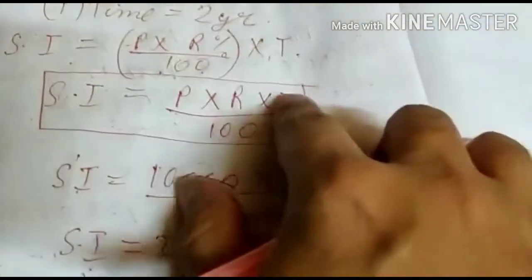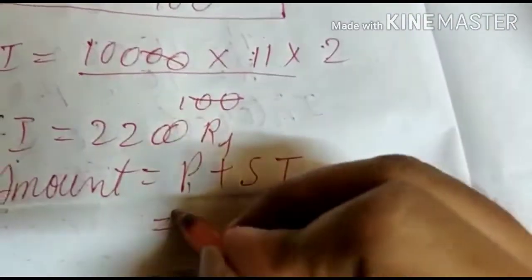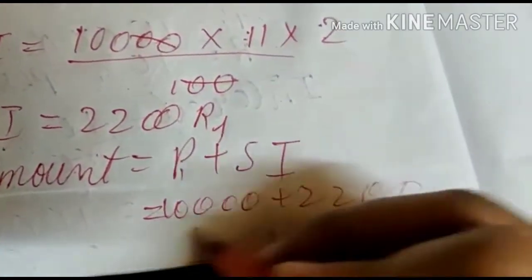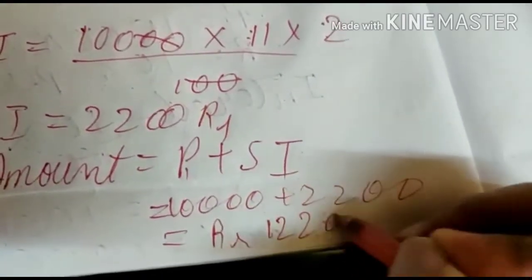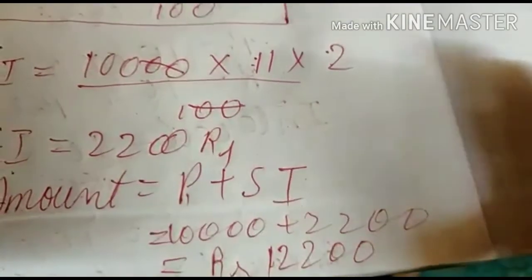So PRT upon 100, P into R into T upon 100. Principal is 10,000 plus 2200. Amount comes out to be rupees 12,200. Okay, clear?